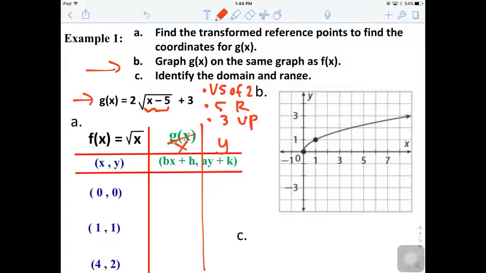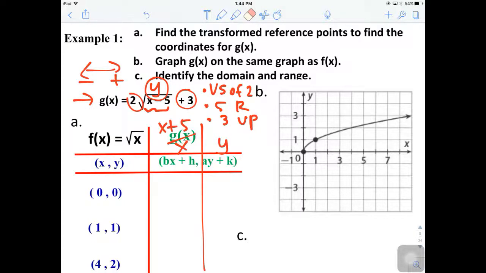So going to the right is add, going to the left is negative, right? So to the right 5 means we have x plus 5. That's my x equation. So very important, you have the x equation. And then for the y equation, we're just going to read the whole bracket as the letter y. So everyone watch. 2y plus 3 is going to be my y equation.